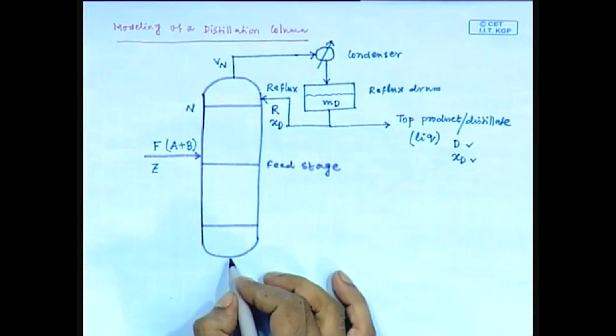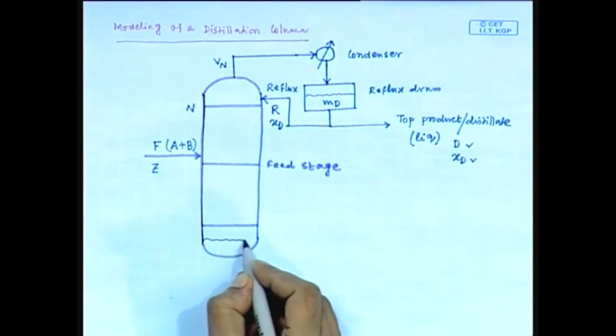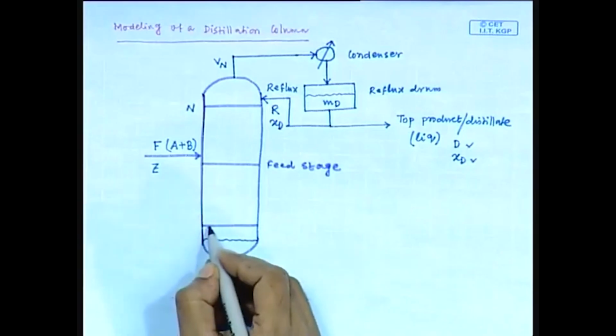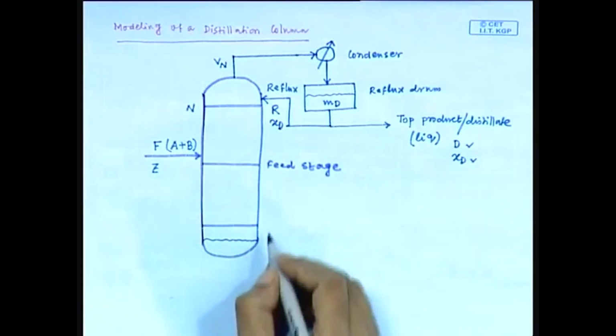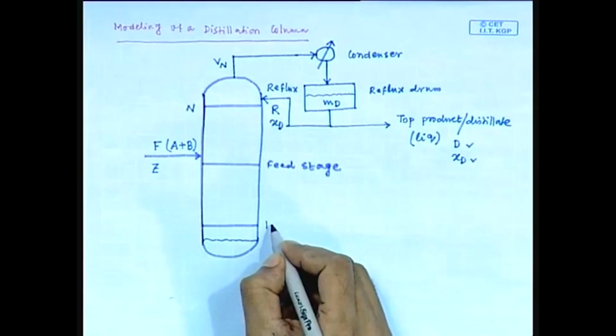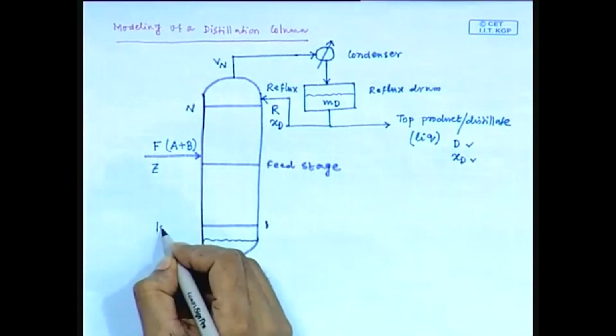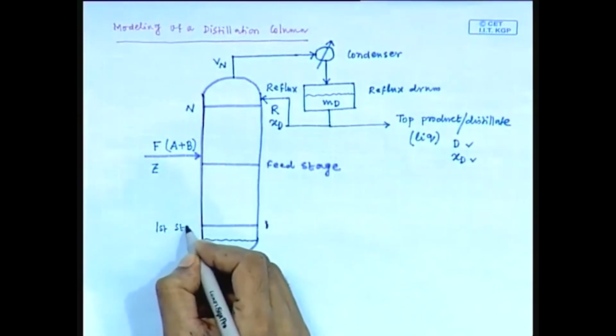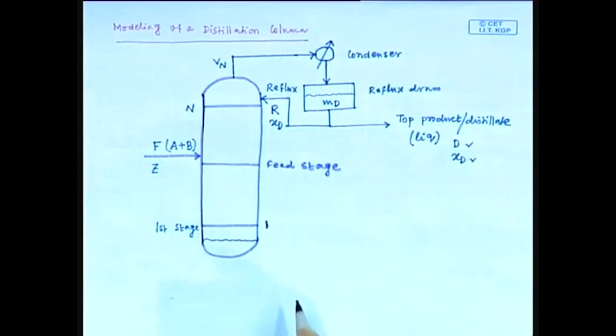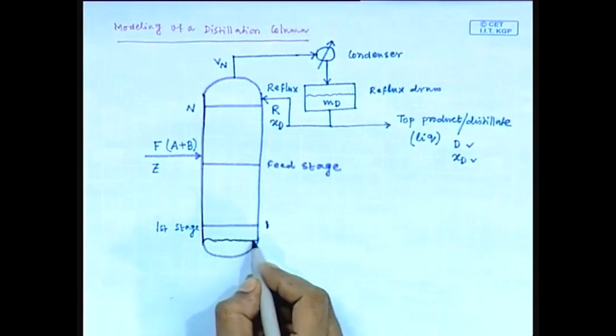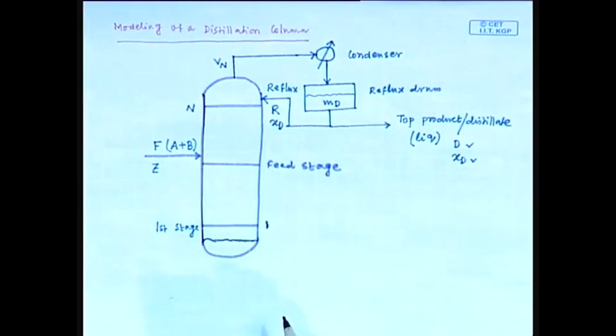Similarly, at the bottom section, the liquid which left this bottom tray, we can say first tray, this is first stage. The liquid which is leaving this first stage is accumulated in this column base.